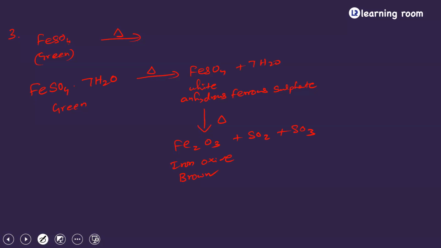The fourth question: a knife which is used to cut a fruit was immediately dipped into water containing a drop of blue litmus solution. The color of the solution changed to red. What inference can be drawn about the nature of the fruit and why?